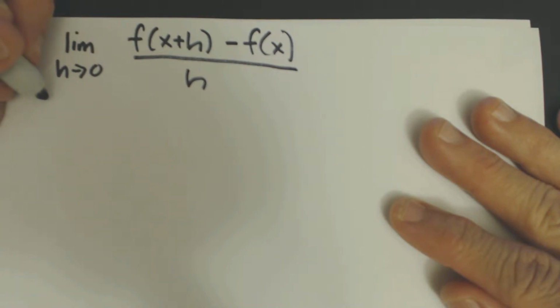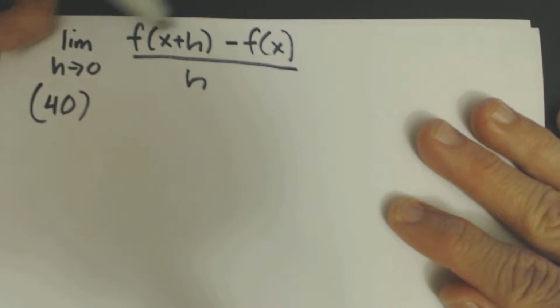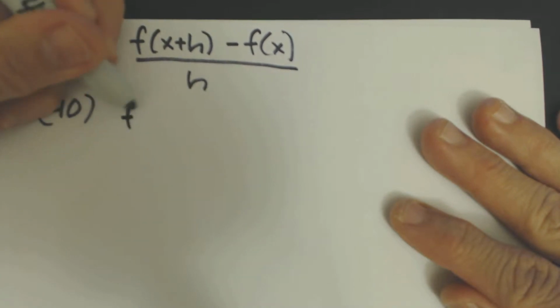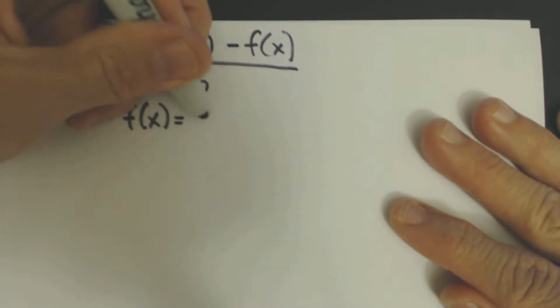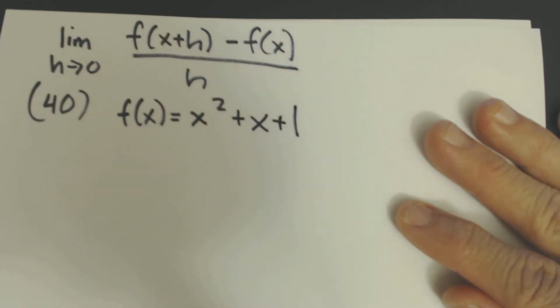And for number 40, f of x, the expression that we're going to plug in here is x squared plus x plus 1. Okay?